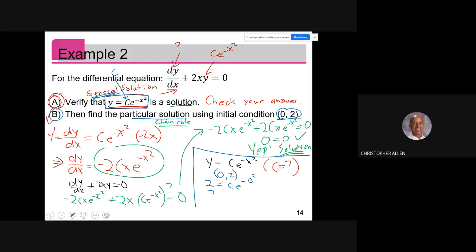That's going to give me 2 equals Ce to the 0. And what's e to the 0? What's anything to the 0? It's just 1. So C is 2. We just found C. It was 2.